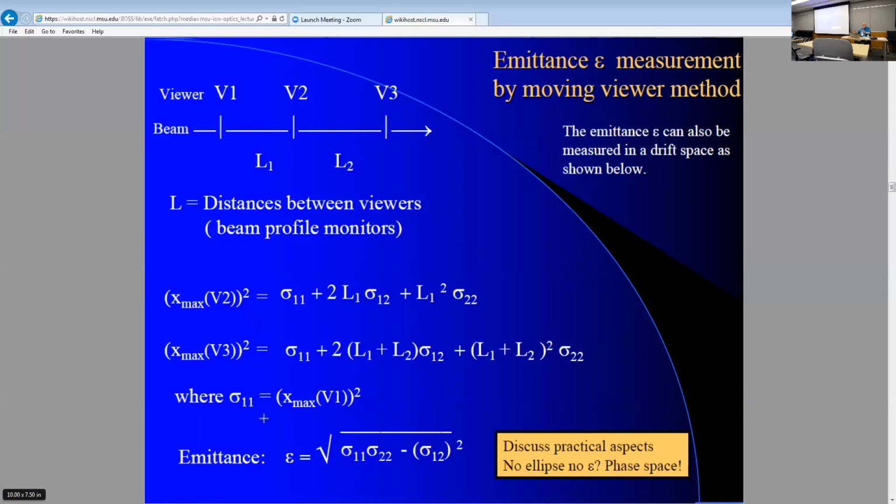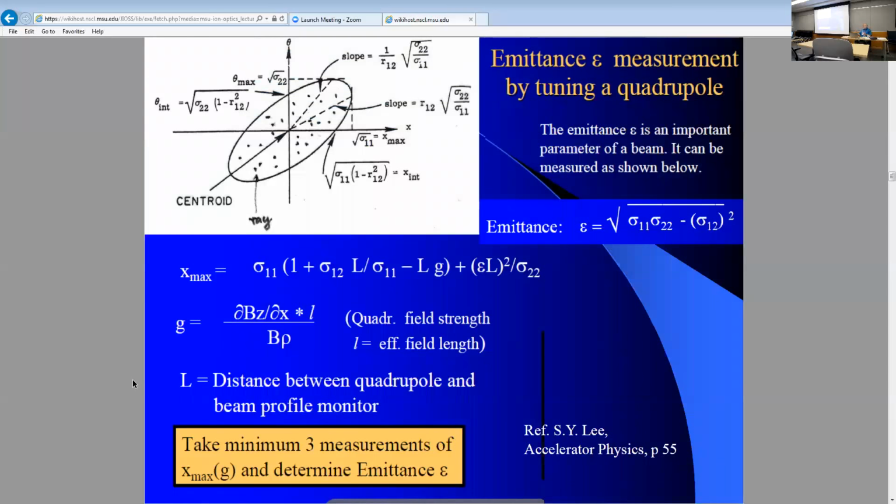Of course, this requires that you set up a particular location where you have the 3 viewers. We won't have that normally unless you specifically put it in. So the quadrupole method is probably more practical, because you always have a quadrupole somewhere, and a drift to a viewer can be provided. So this is probably the way to measure the emittance of the beam of whichever particles you have.